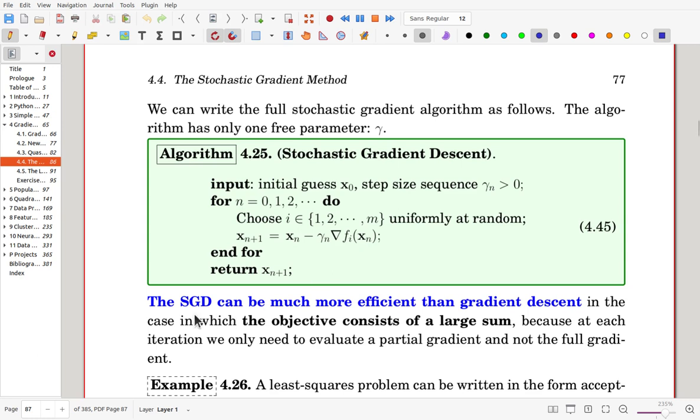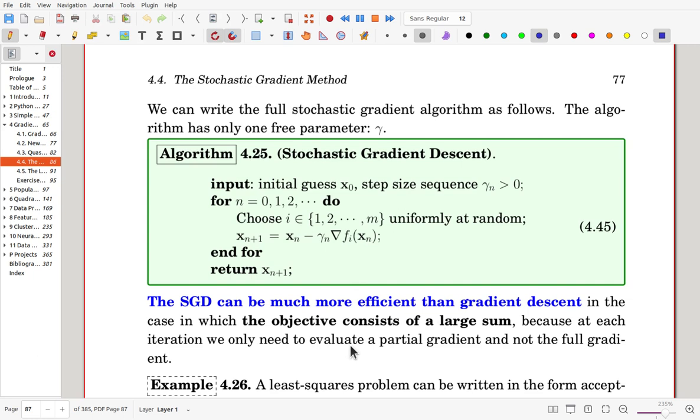And this stochastic gradient method can be much more efficient than the full gradient descent method, particularly when the objective function consists of a large sum, because in each iteration we compute only a partial gradient rather than the full gradient.